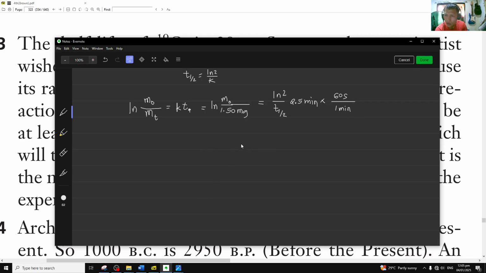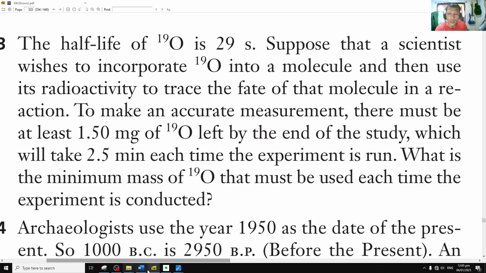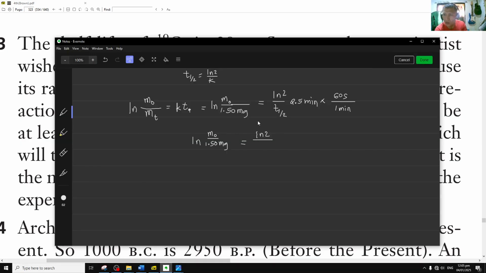You can actually use the solver for this. ln of the mass, 1.50 milligram, and then I have ln 2 all over 29 seconds, multiplied by 2.5 by 60 seconds.